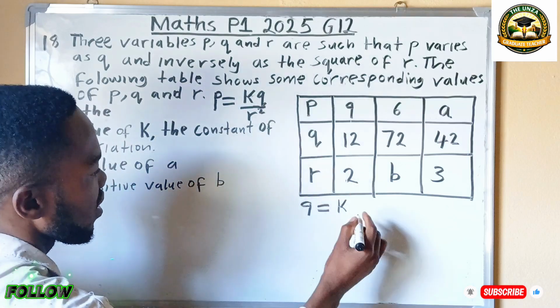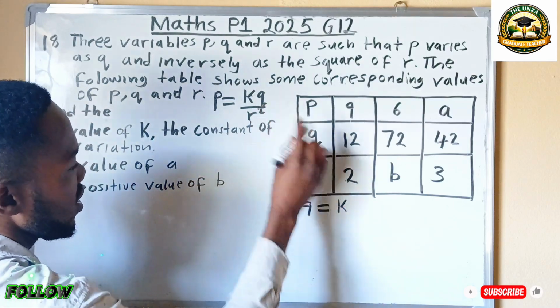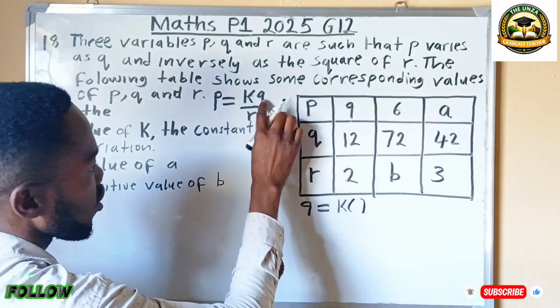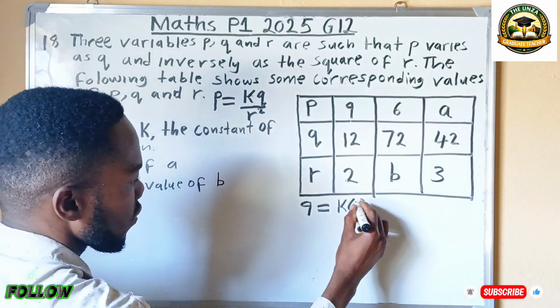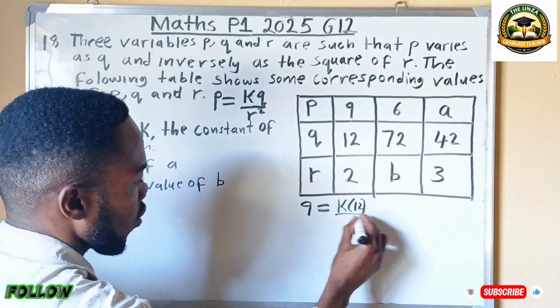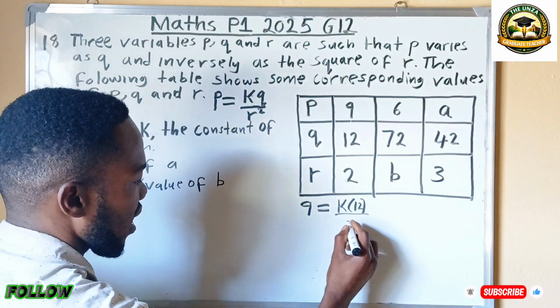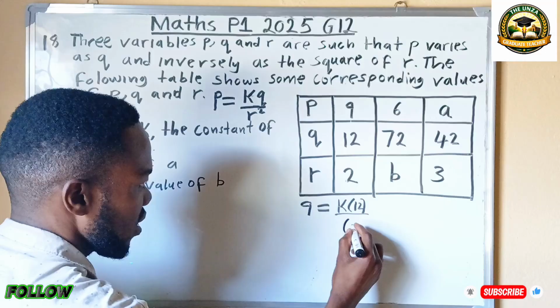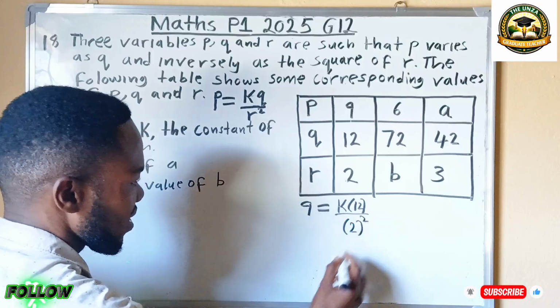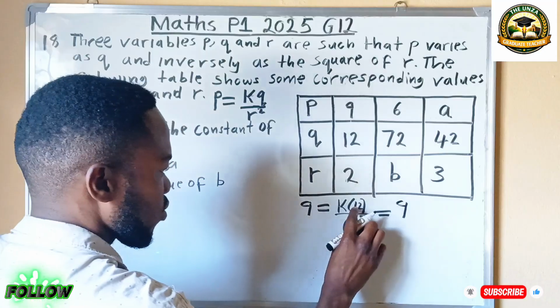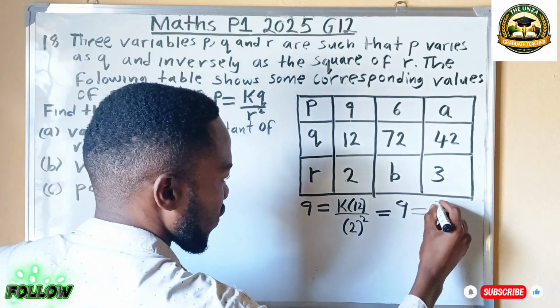Where there's Q, you put 12, over R squared, where R is 2 squared. So you say 12 times K is 12K.